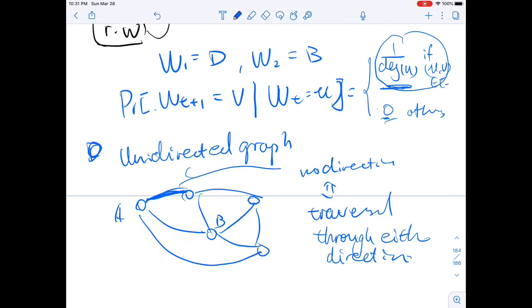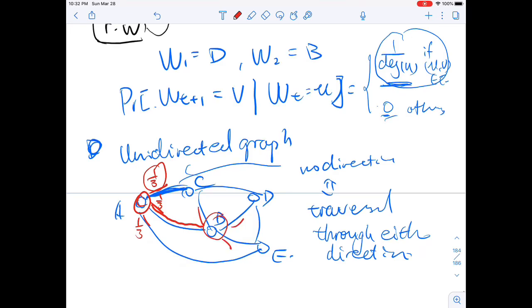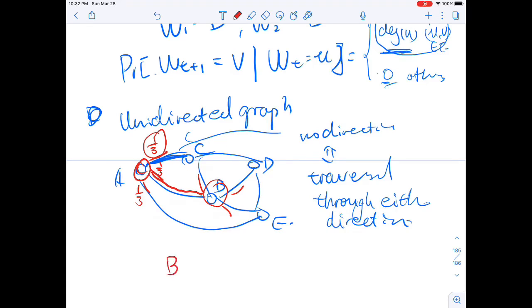Now, when you do a random walk, it's the same definition. Say that I start with A, then there are 3 edges that I'm connected to. The probability of traveling across each of these edges is the same, a third. Say I decided to travel to B, and I did that. Now B is connected to A, C, D, E, so again with 1/4 probability I'm going to travel along one of these edges.